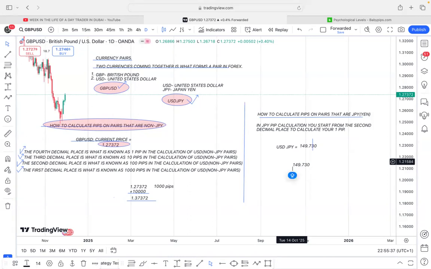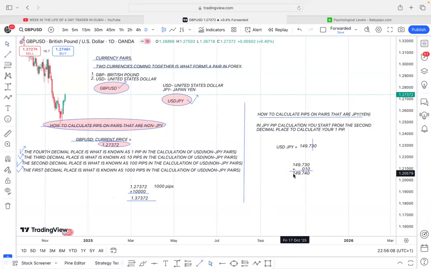So if you're going to add 1 pip to it, you will now have plus 0.010, right? Now, what's going to be our final calculation? 149.740. Now, that's how we calculate our 1 pip from the first decimal, second decimal place.